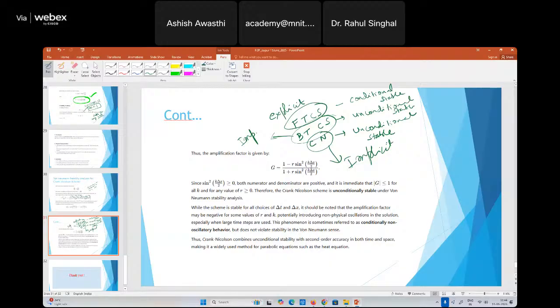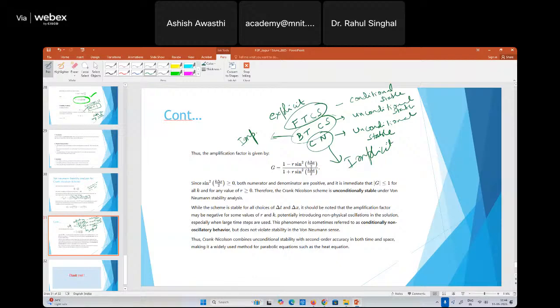Actually, the implicit scheme has the benefit of unconditional stability, so that means we don't want a smaller delta t. If you don't want a smaller delta t, you may see that BTCS has less computational effort and less chance of round-off accumulation. So you may see that it's giving results at par with Crank-Nicolson. But theoretically, of course, CN is much better, isn't it?